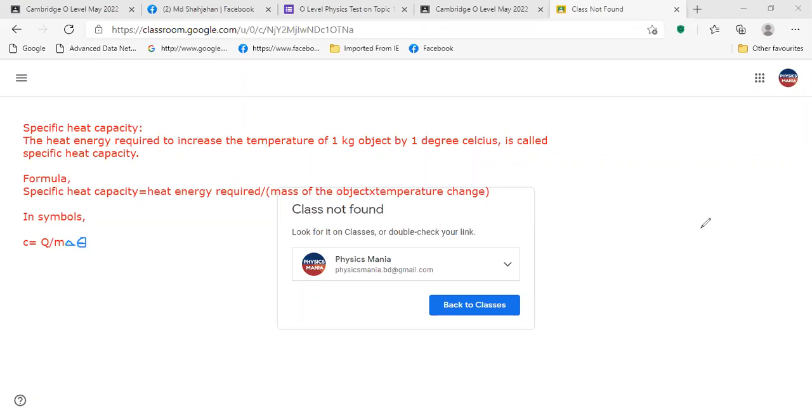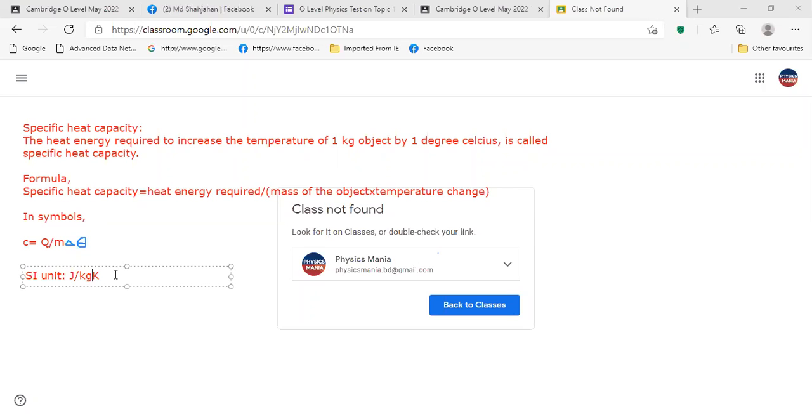Please take a snap after we write the unit. We write the SI unit here. The SI unit is joule per kg Kelvin.